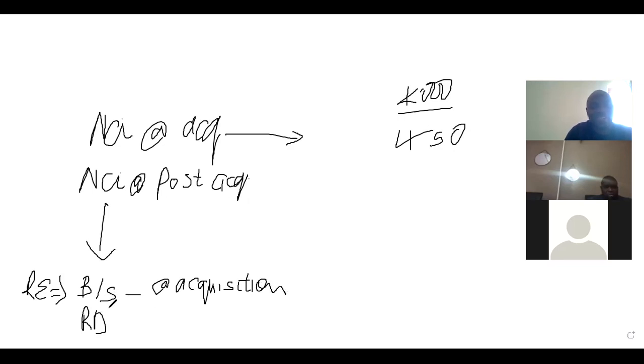So this difference basically shows you the post profits, which then you multiply by the NCI percentage.